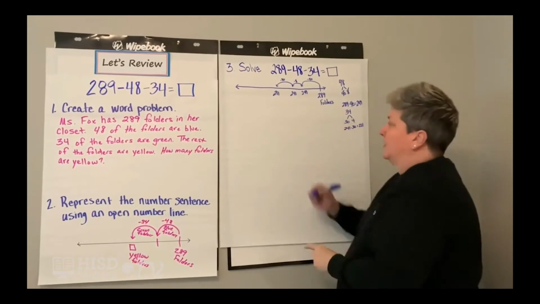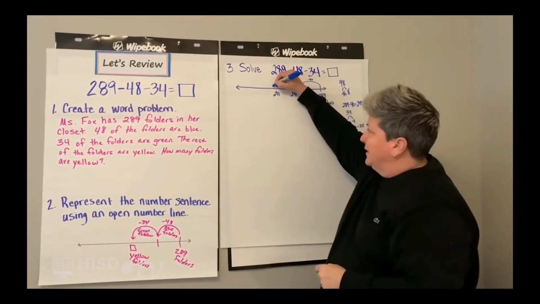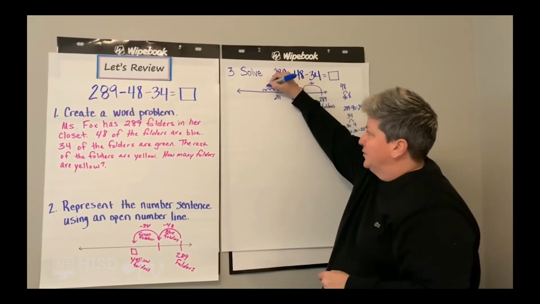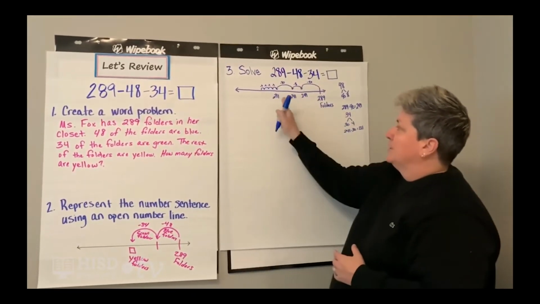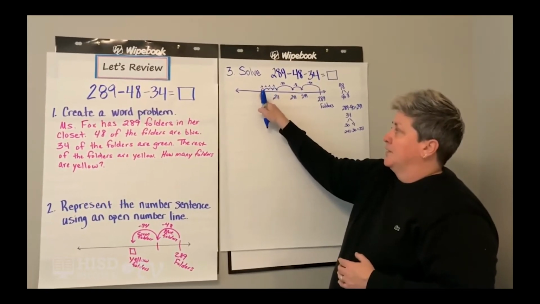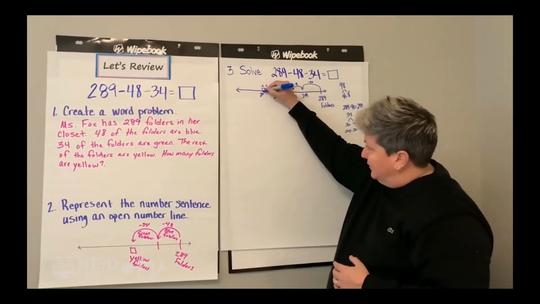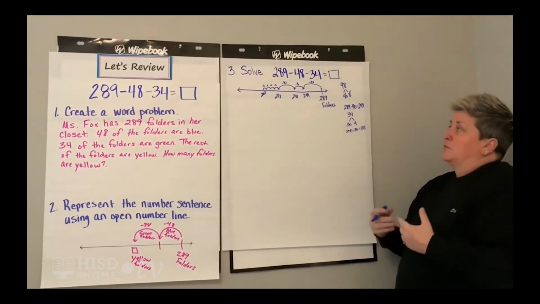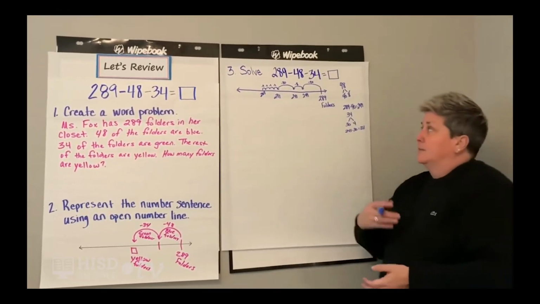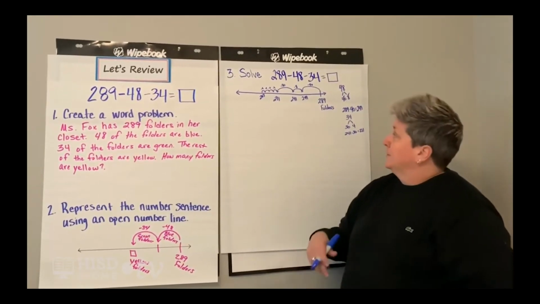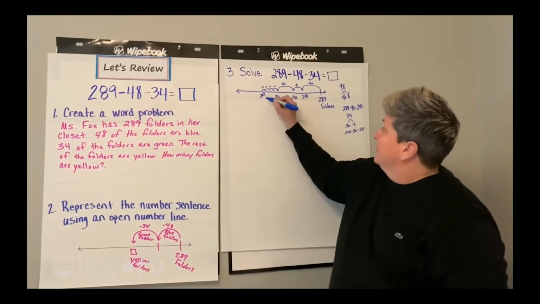So I'm at 211, and I need to make 4 jumps backwards, and they're each minus 1. So 211, 210, 209, 208, 207. So boys and girls, when I look at 289 minus 48 minus 34, I get a difference of 207.